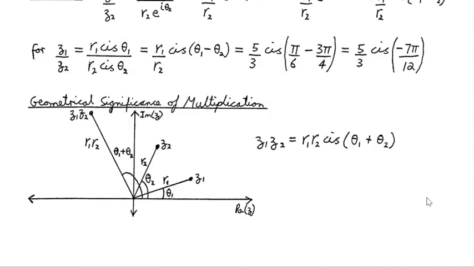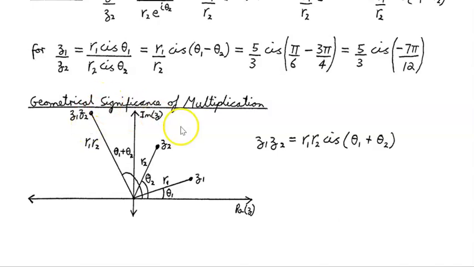Geometrical significance of multiplication. Well, we have Z1 and Z2, modulus R1, modulus R2, arguments theta 1, theta 2. All we've done is multiply the two moduli together, and sum the arguments, so we've got theta 1 plus theta 2.